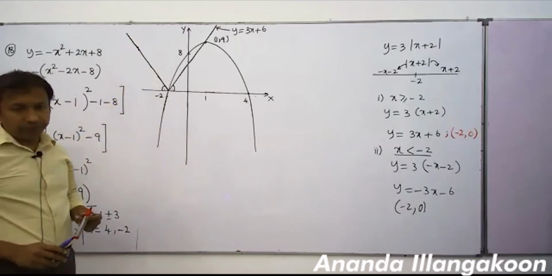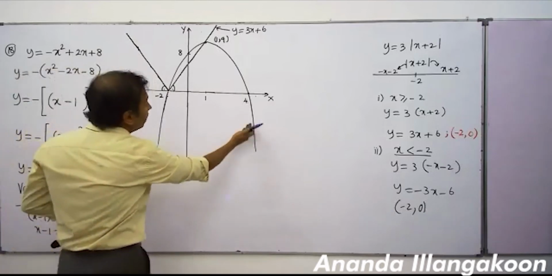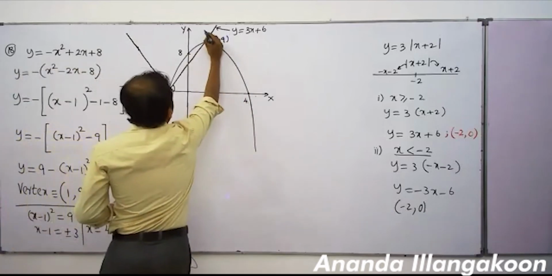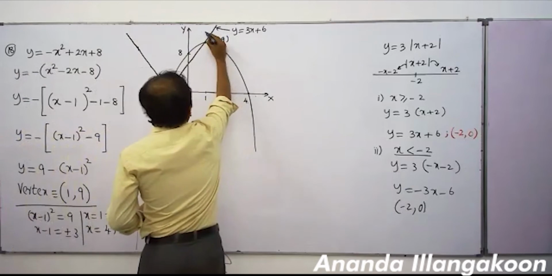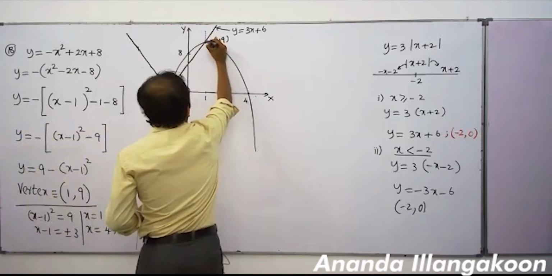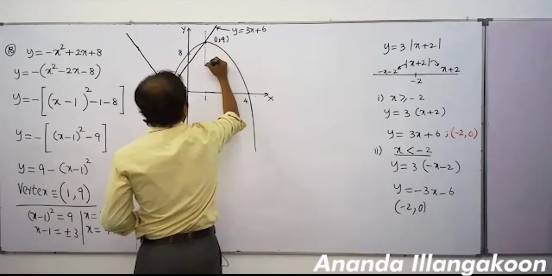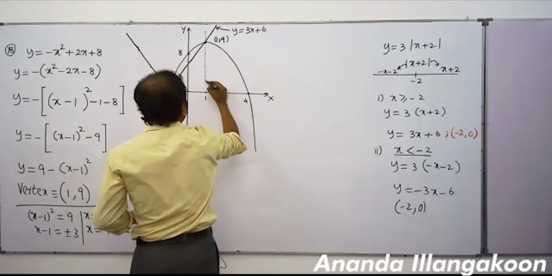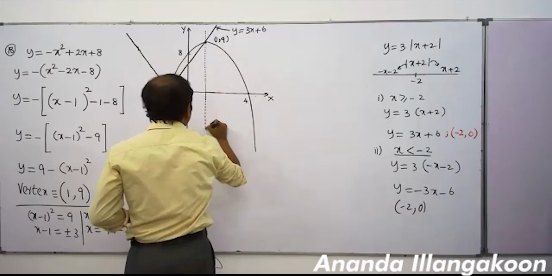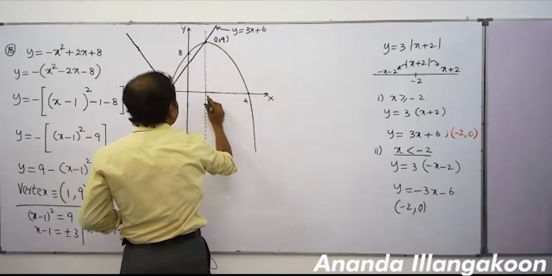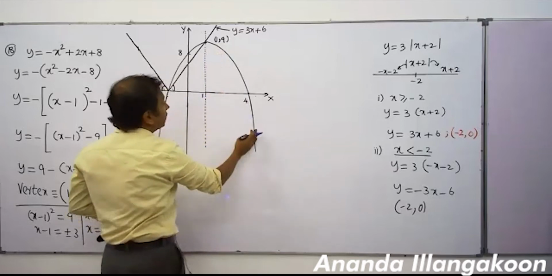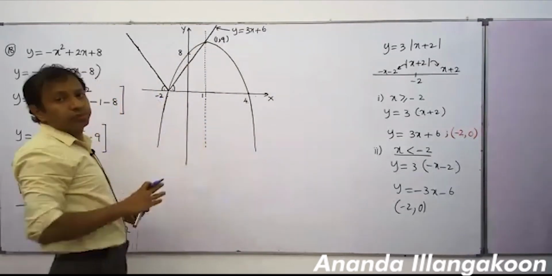Now, next thing is this graph also, people, this maximum graph is symmetric about this vertex, no? When we draw a vertical line, a line parallel to the y-axis through the vertex, about this line, this maximum graph is also symmetric.